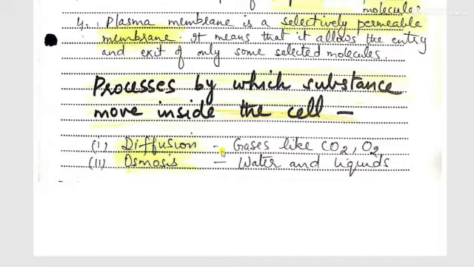Gases like carbon dioxide, oxygen, etc., which are required for breathing, diffuse inside the cell through the diffusion process. Osmosis means movement of water molecules from high concentration area to low concentration area through a semi-permeable membrane. So various liquids and water move inside the cells through this process.